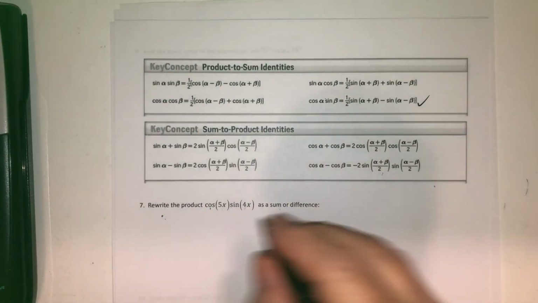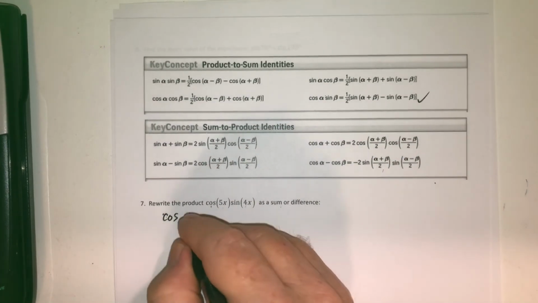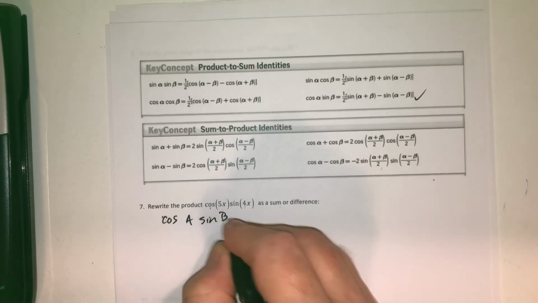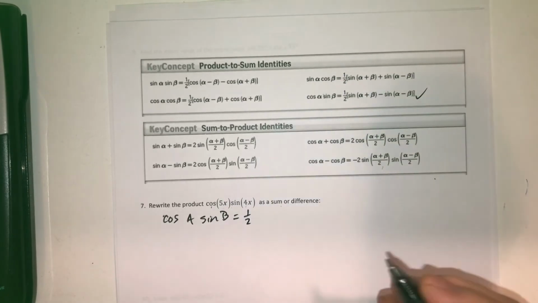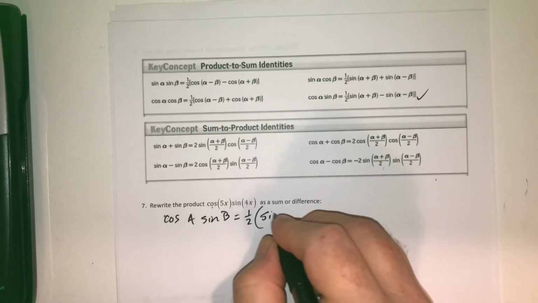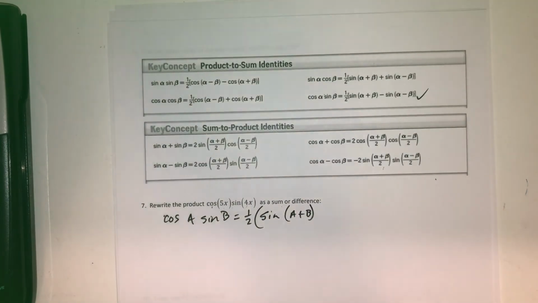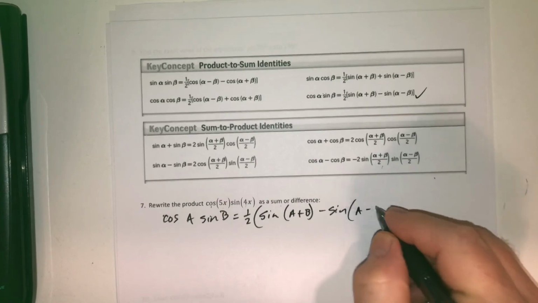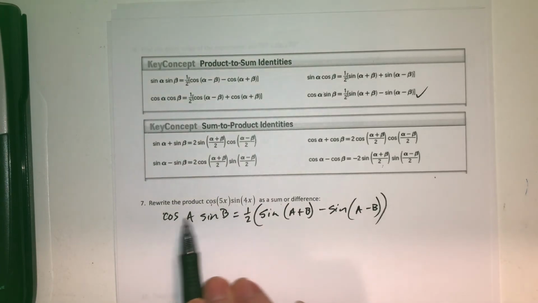And I'm going to say that the cosine of alpha, where alpha is 5x, times the sine of beta is equal to 1/2 times the sine of alpha plus beta, minus the sine of alpha minus beta, using that identity. So I've got this left-hand side right here.